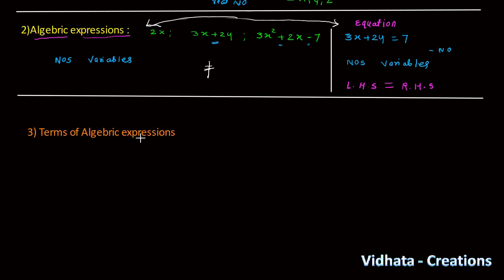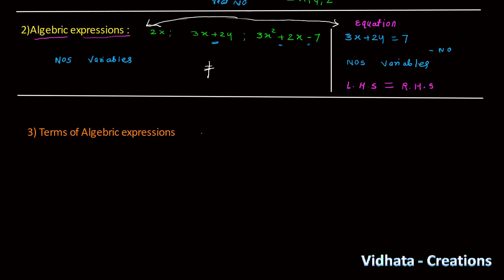Terms of algebraic expression. To know what is the meaning of the terms of algebraic expressions, let us take the examples so that we can clearly know what is meant by terms of algebraic expressions.